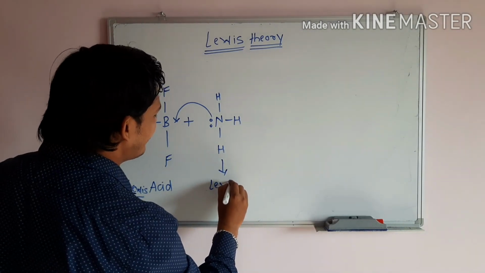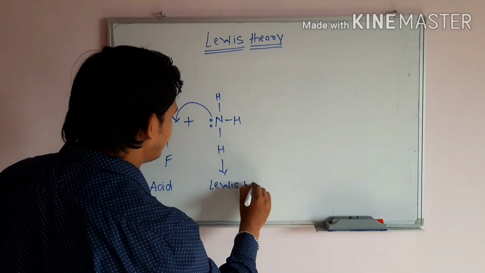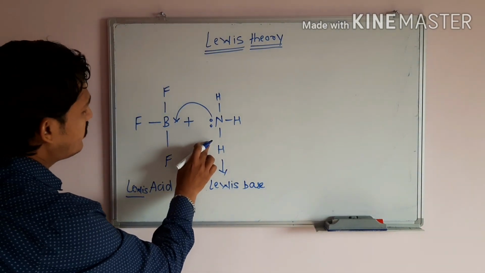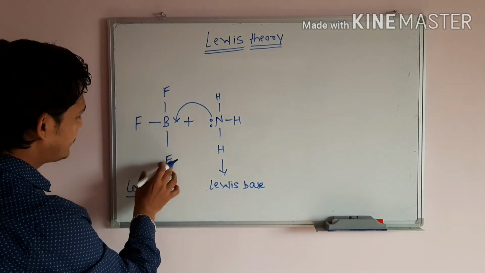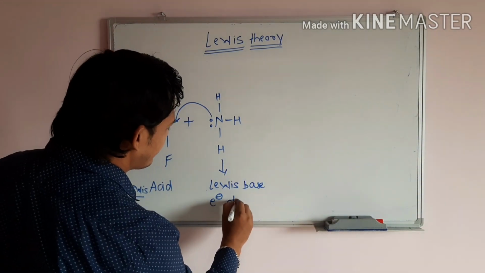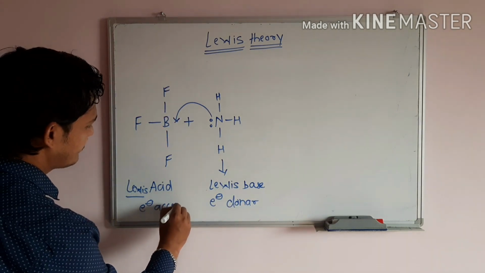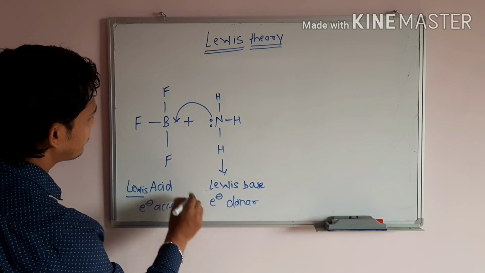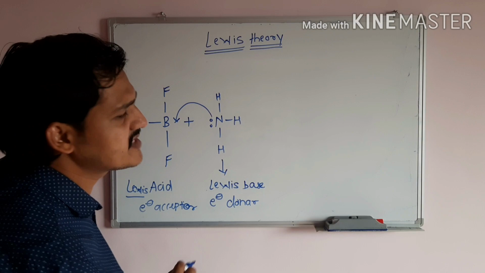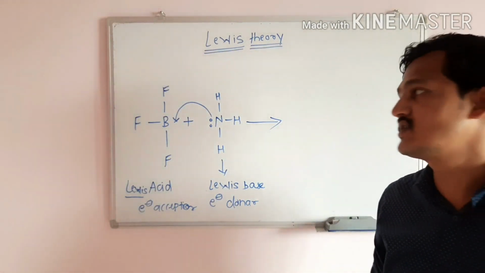The ammonia molecule donates electrons and the BF3 molecule accepts electrons: electron donor and electron acceptor, called base and acid. Okay, so what is our product in this reaction?